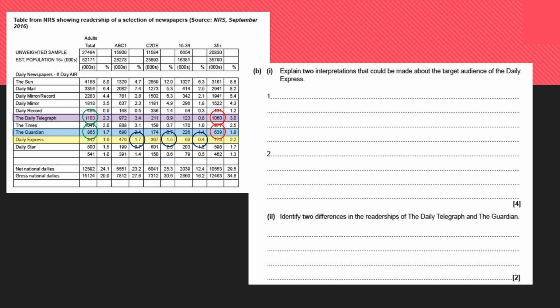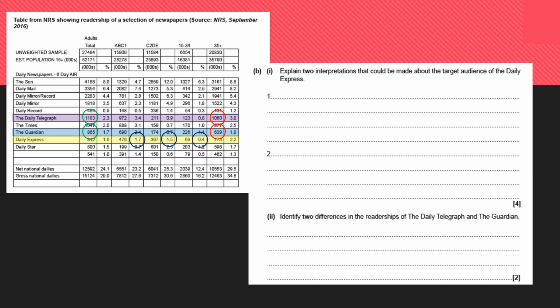The percentages for those two columns are only slightly different. So one interpretation, you could literally say that the readership of the Daily Express is fairly balanced in terms of the social class. If you said that they are slightly more ABC1, that is also correct.